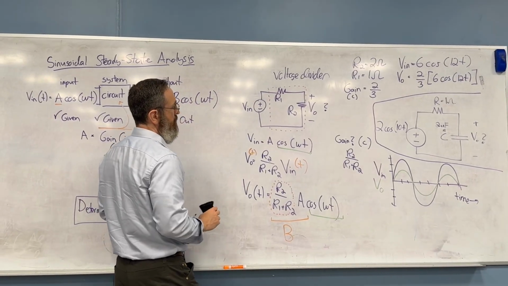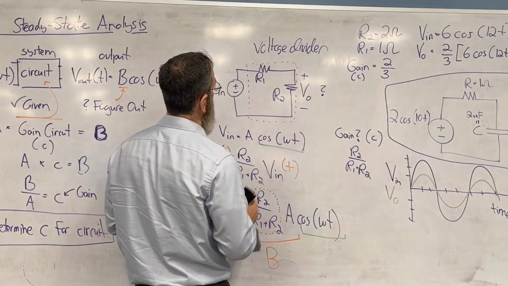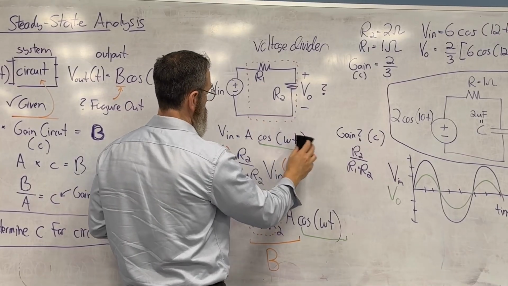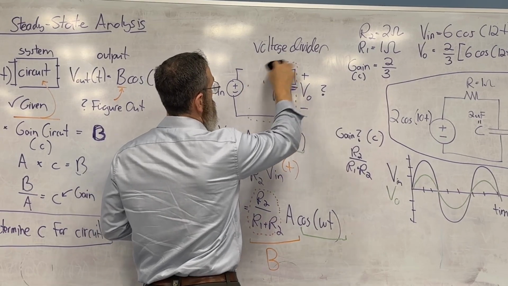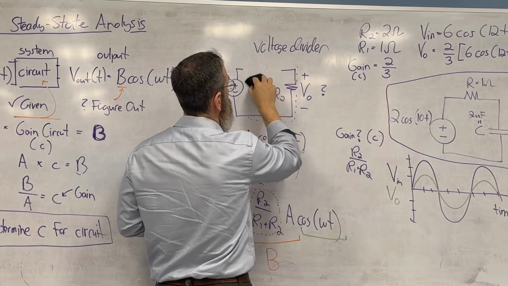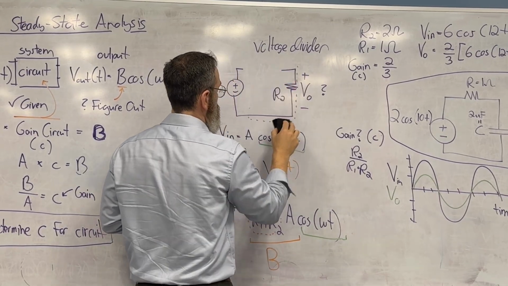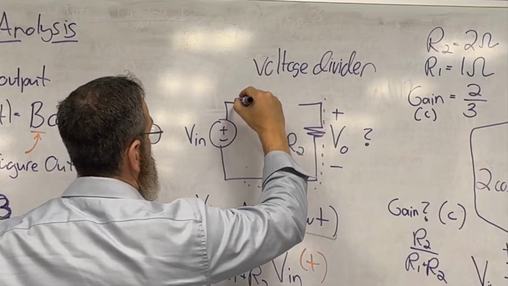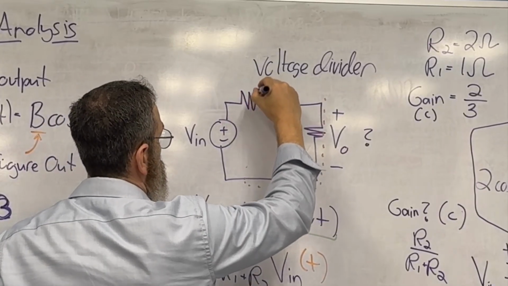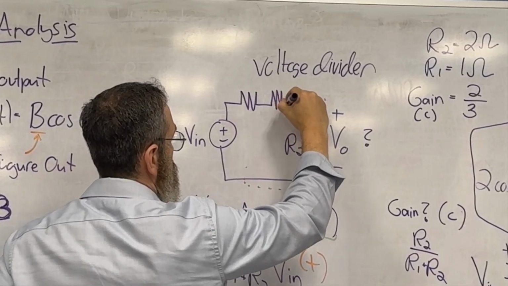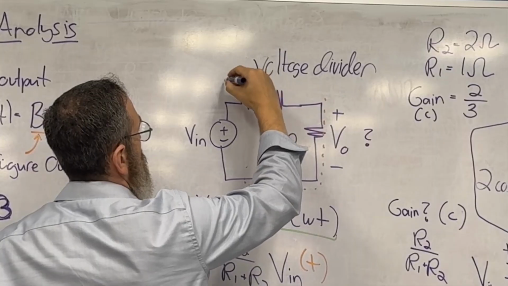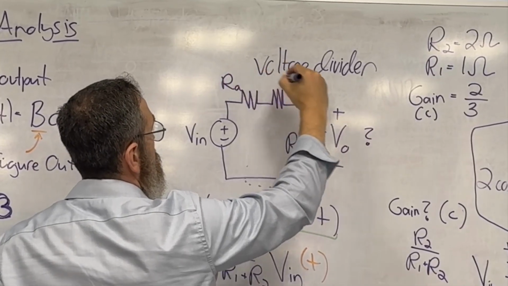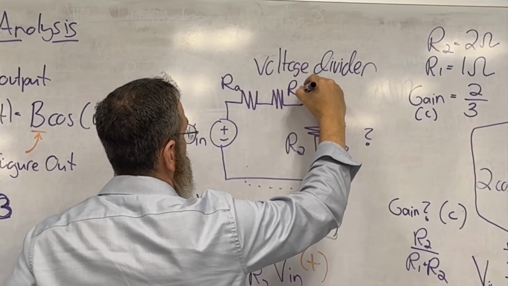Let's change the circuit. I'm going to erase this part here. I'm going to say there's a resistor here, and now we have RA and RB.